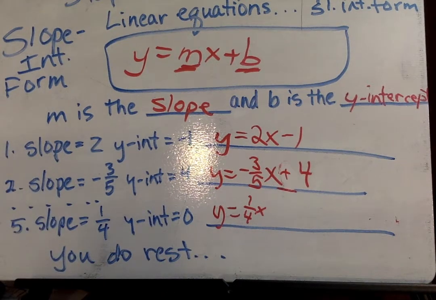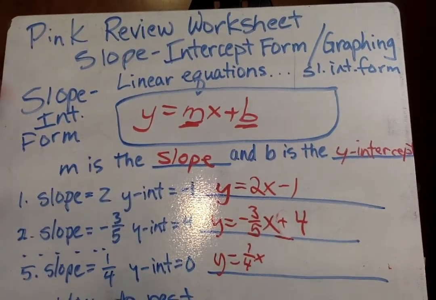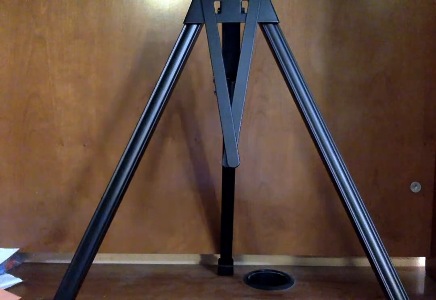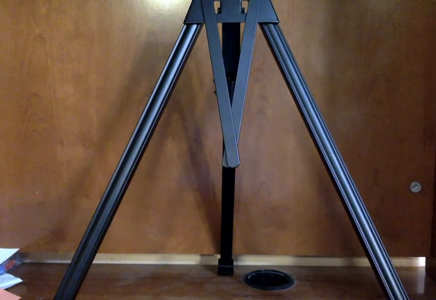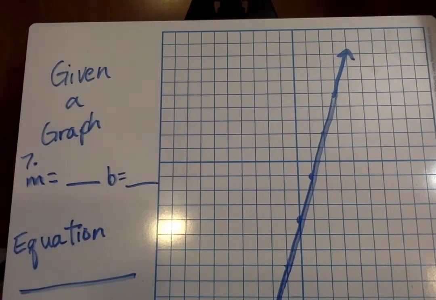Okay, next we're going to go on to the next part, where it's given a graph. Number 7, our directions here are identify the slope and the y-intercept of the line on the graph. Then write the equation of the line in slope-intercept form.